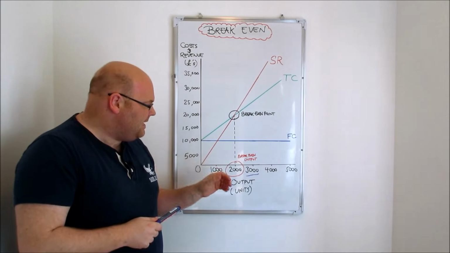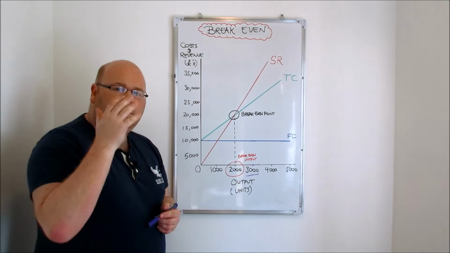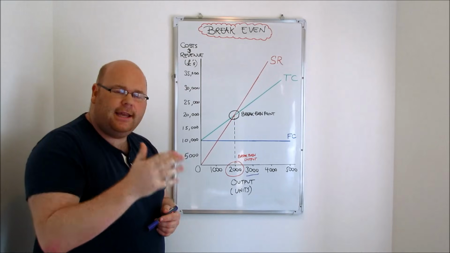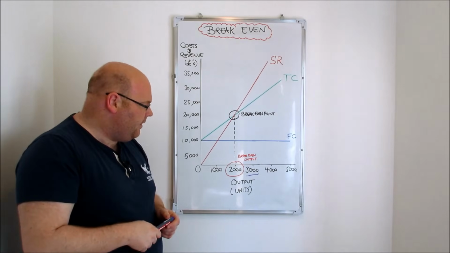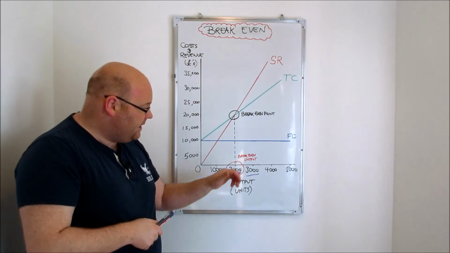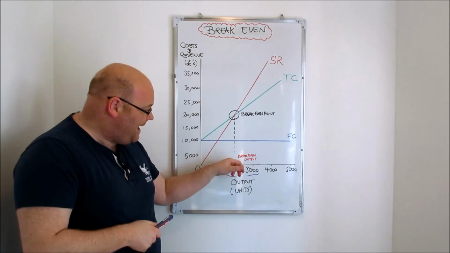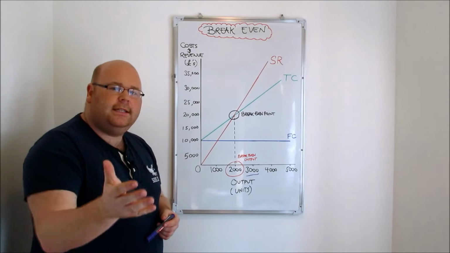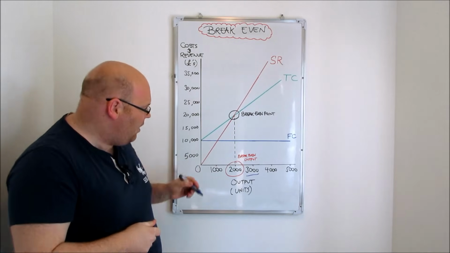Margin of safety means how much your sales could fall by and you would still be at your break-even level of output. So if we're producing 3,000 units per month, then assuming we're selling all those units, we could reduce our level of output by 1,000 units and we'd still be no worse off than falling back to our break-even level of output.